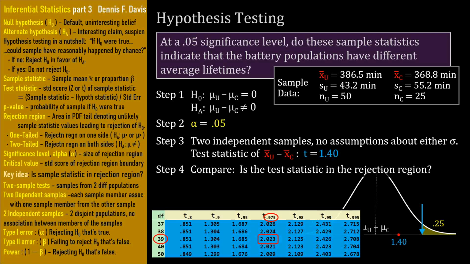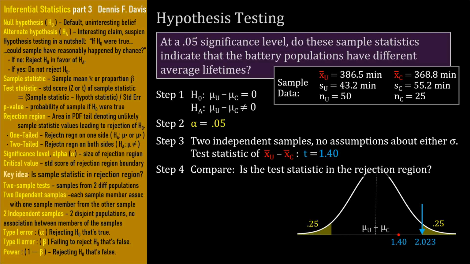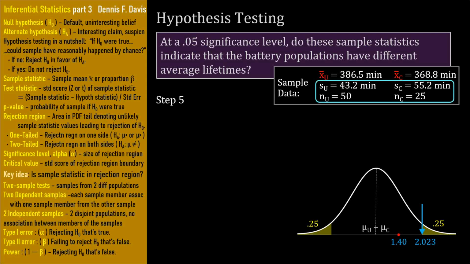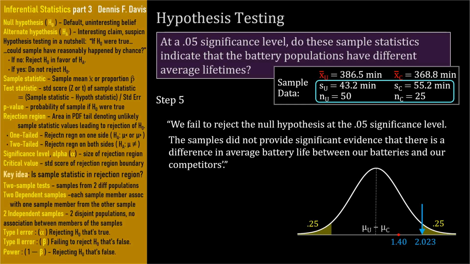As we can see on our PDF, this is out beyond the test statistic of 1.40, so the test statistic is not in the rejection region. We fail to reject the null hypothesis at the 0.05 significance level. The samples did not provide significant evidence that there's a difference in average battery life between our batteries and our competitors.